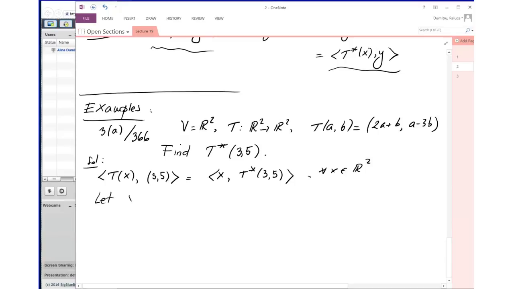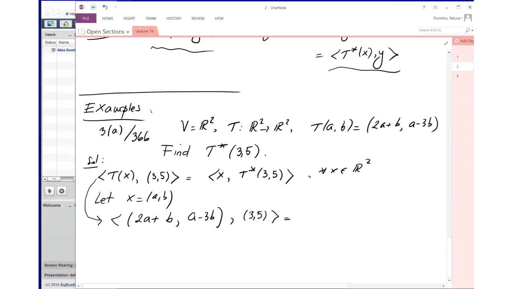So let's say x is the pair (a, b); it has to be a pair in R2. What is T of x then? It's T of (a, b), so that's the pair (2a + b, a - 3b). We need the inner product between that and the pair (3, 5). That's the left side of the identity defining T star of (3, 5).